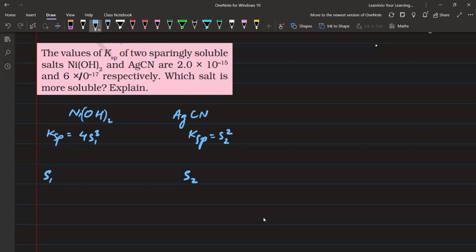Yes or no please tell me? हाँ, समझ में आ रही है? नहीं आ रही है क्या? Does this make sense? You can see the KSP values have been given. You can calculate the solubilities. Once you calculate the solubility, compare it. Whatever is going to be larger, that will be more soluble. ठीक है guys? हाँ या ना? Yes, sir.